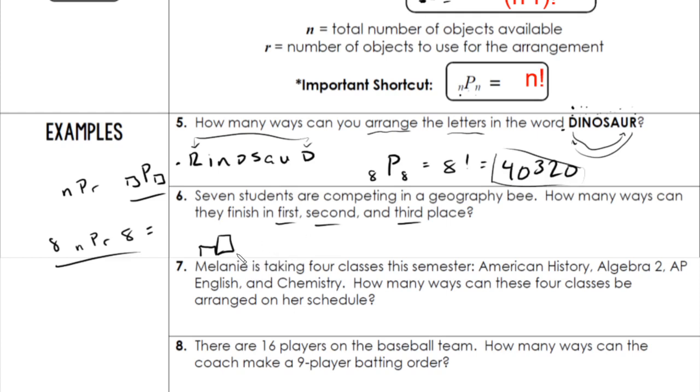Here's my podium. We've got person 1 here, person 2 here, and person 3 here. Let's say I pick the same 3 people. This is the really important test. I pick the same 3 people, but I try to put them in a different order.